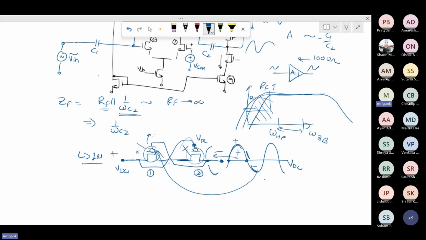And at extreme values, one of them will be on and one of them will be off. So overall, you can still obtain a very high resistance all throughout. And if your channel lengths are bigger, it contributes to higher resistance. So using this in series, you can effectively design a very high resistance value.